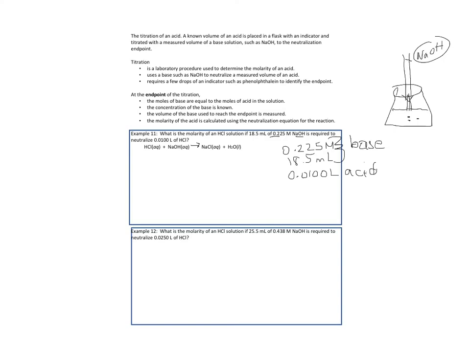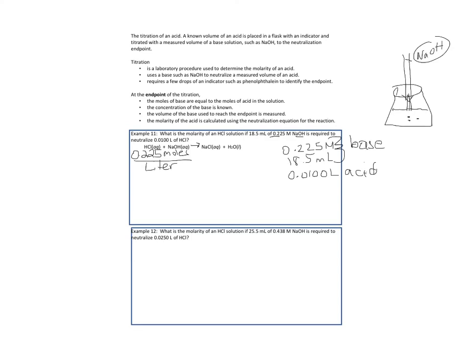Step 2 is going to be to find the number of moles of base. Okay, you have the concentration of the base and the volume. You are going to find the number of moles. So we have 0.225 capital M, which means molarity, which hopefully you remember means moles per liter.